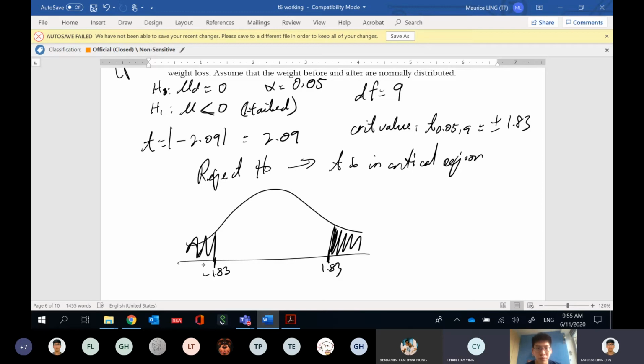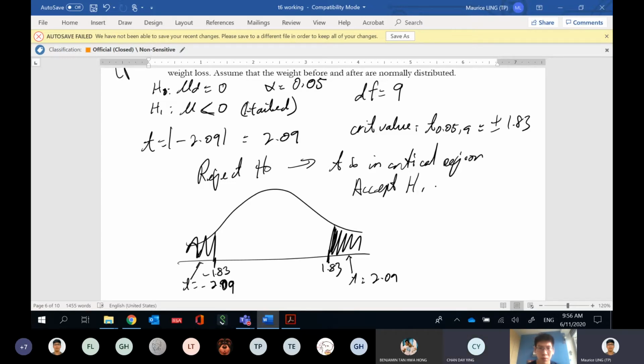Here is the t value, 2.09, and this is minus 2.09. So it's actually in the critical region. So you accept your alternate hypothesis.